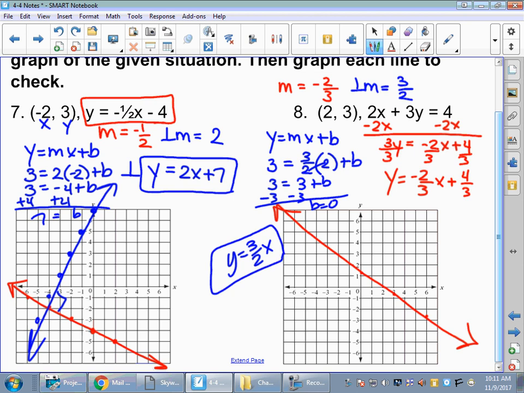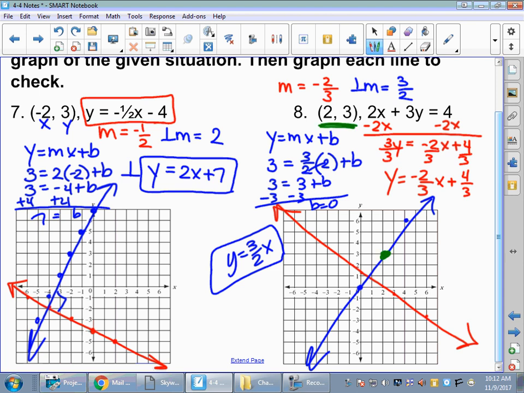The y-intercept actually is 0. It goes through 0, 0, goes up 3 over 2, up 3 over 2. And there is the graph that's perpendicular. I just want to point out that the point they gave us, my line should go through it. So this ordered pair 2, 3 shows up on my graph right there.